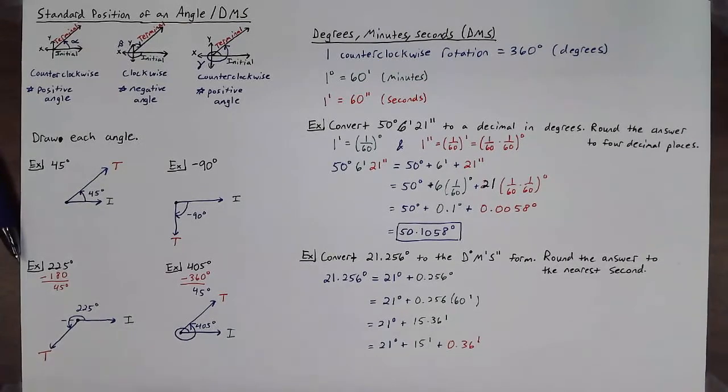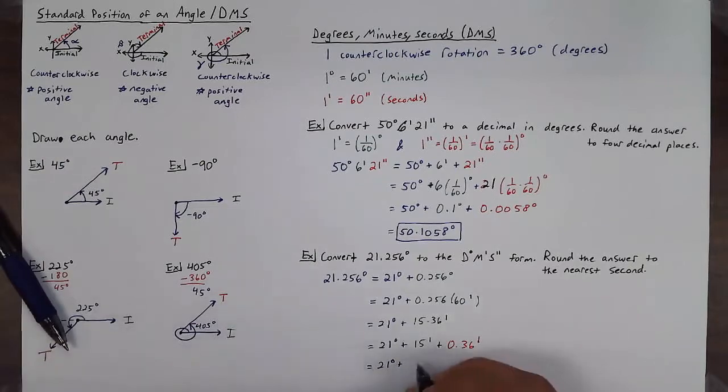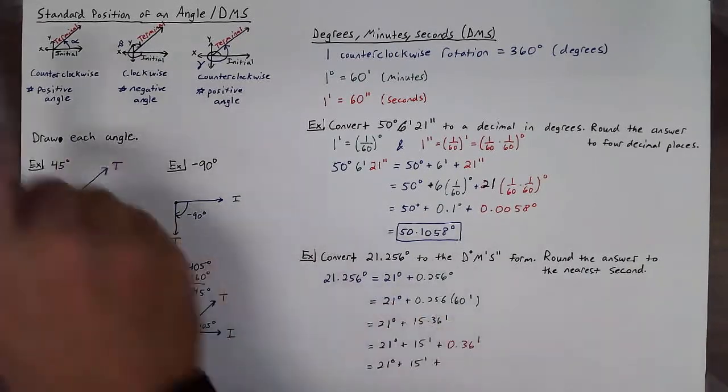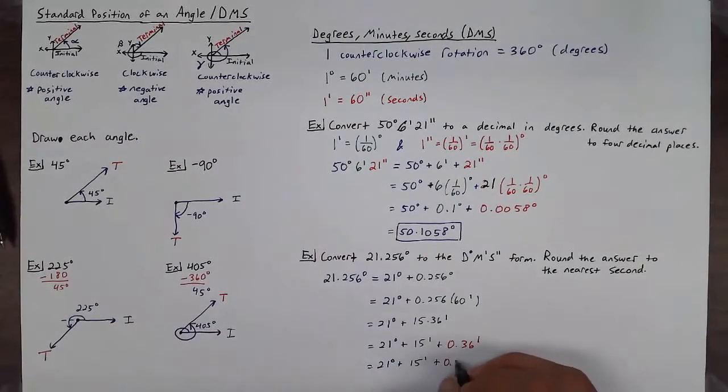So now I'm going to convert that minute into seconds. So I'll have 21 degrees plus 15 minutes plus 0.36 times 60 seconds.